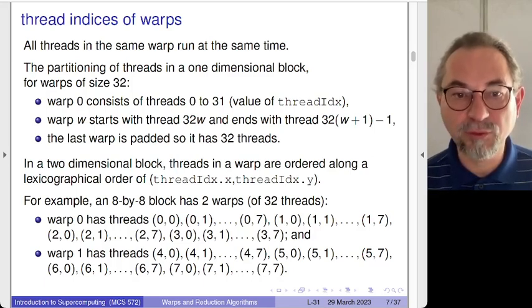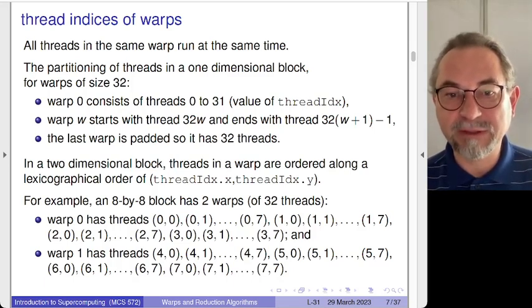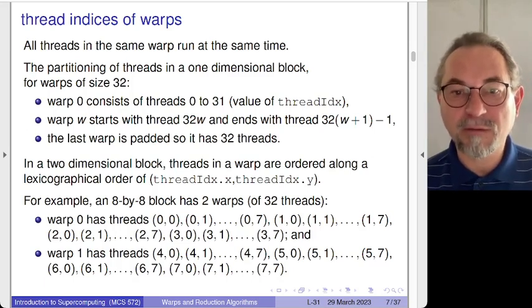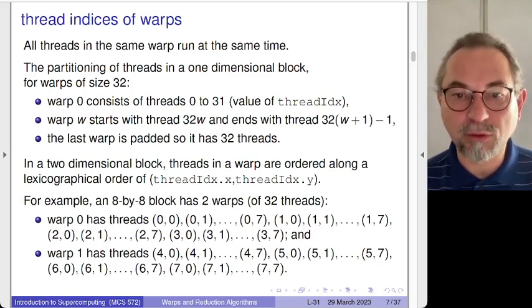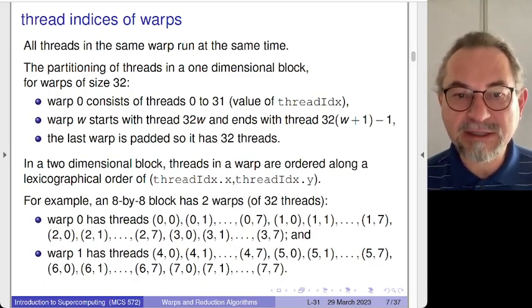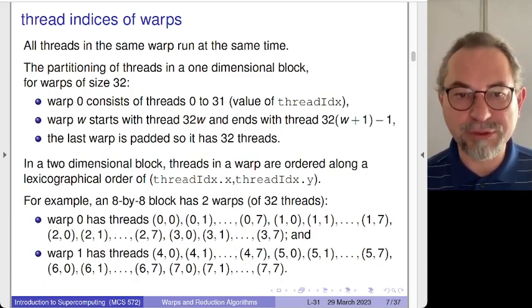Then you have 2 warps. So in the example, if you have the 8 by 8 block, a 2-dimensional block of 64 threads in total, then the threads are indexed according to the example in the last 2 bullet points here.